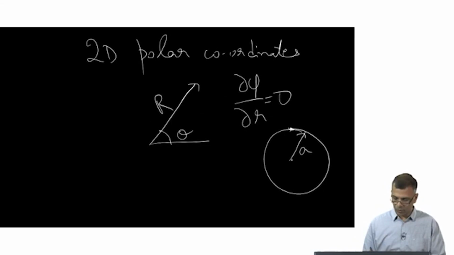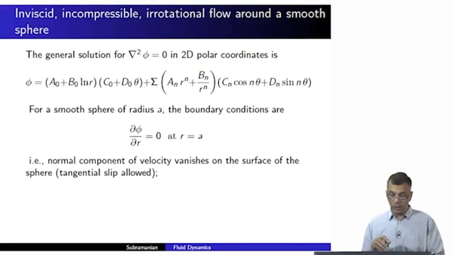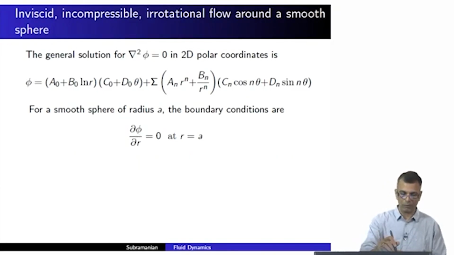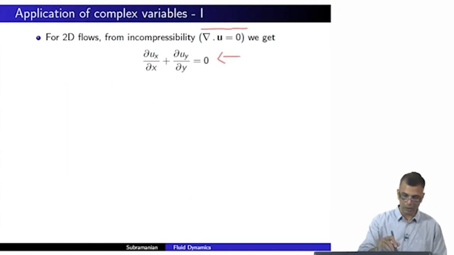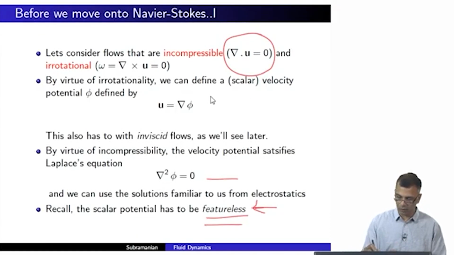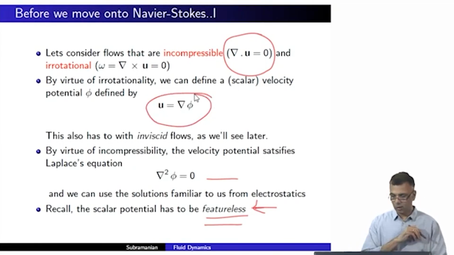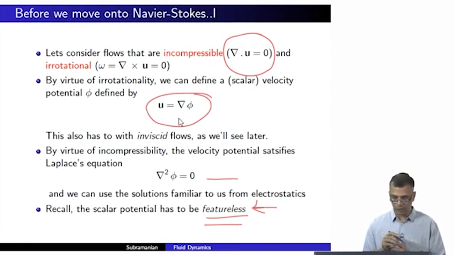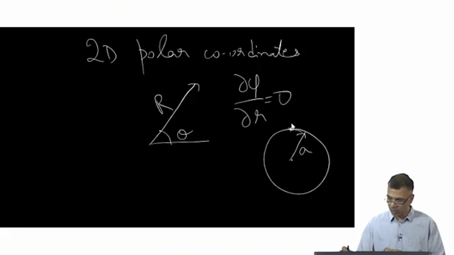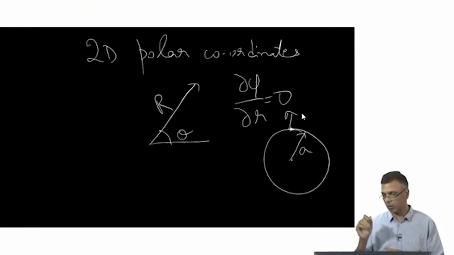What does this mean? You remember the definition of phi. We might have to go back a little ways. This is how phi was defined: u is the gradient of phi. So if d over dr of phi is equal to 0, that means you're really talking about the normal component of the velocity.